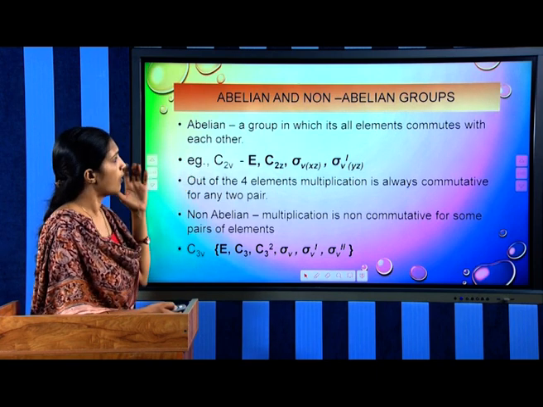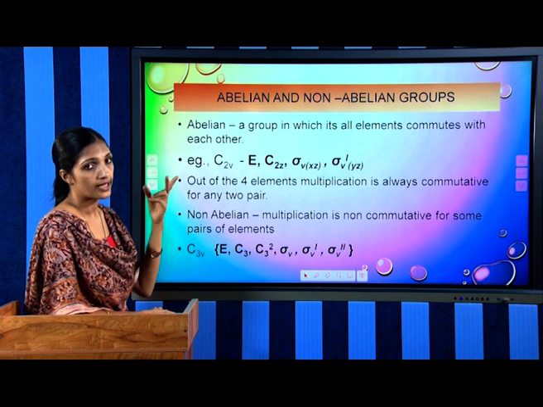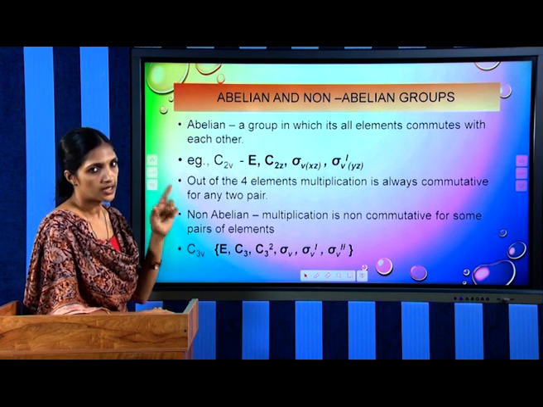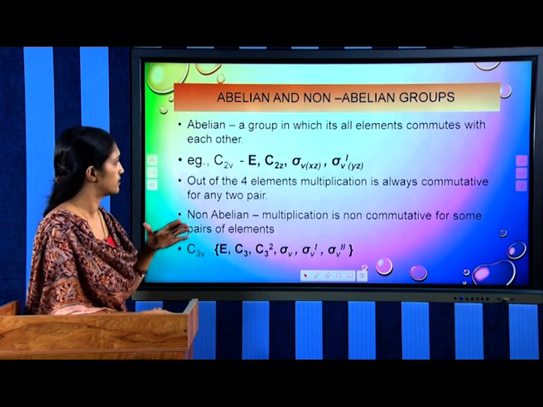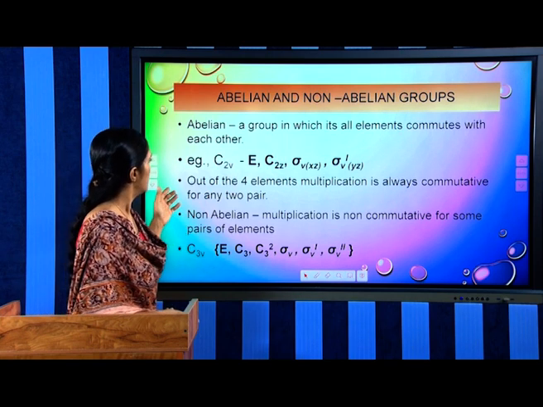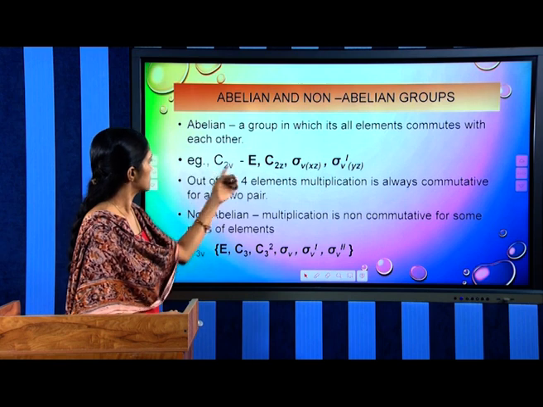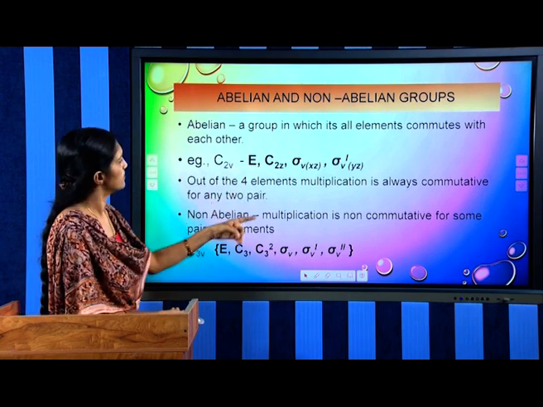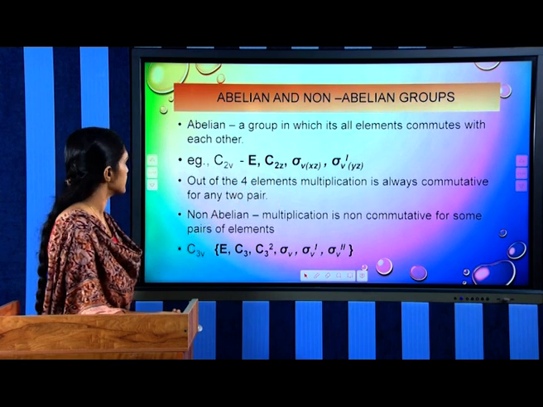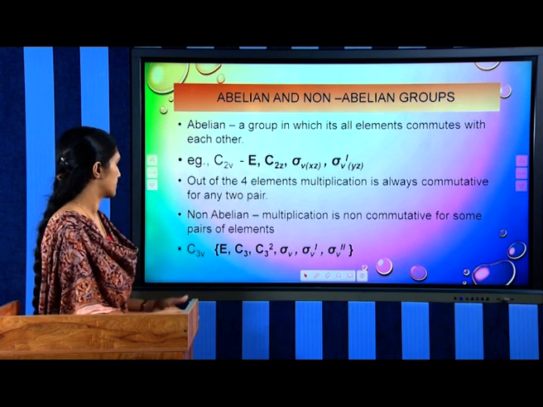That means if any two elements are multiplied, that multiplication is commutative, right. And these 4 operations are available for C2v. Out of the 4 elements, the multiplication is always commutative for any pair.